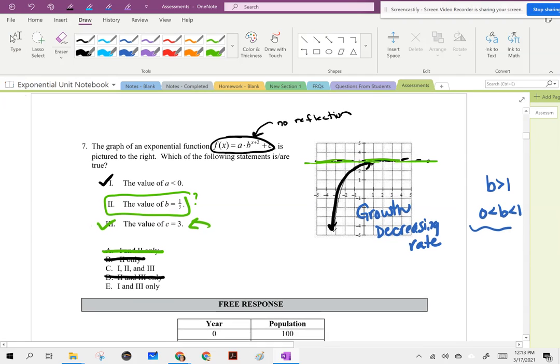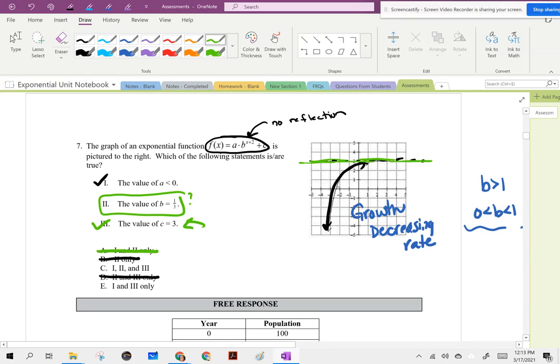So think about it like this. Let's identify what's happening with the graph. It is growth at a decreasing rate. And we also know that A is negative, so that means there's one reflection only. So in other words, what type of graph do I get with one reflection turns into growth?